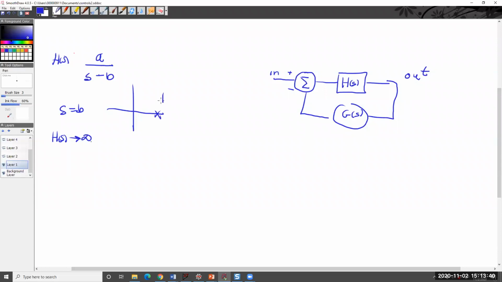So that's B. But now, they're the same side, so minus S minus B equals 0, and now we have S equals minus B. Sure, it's inverting.